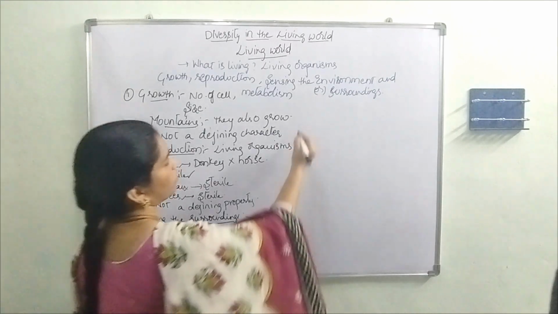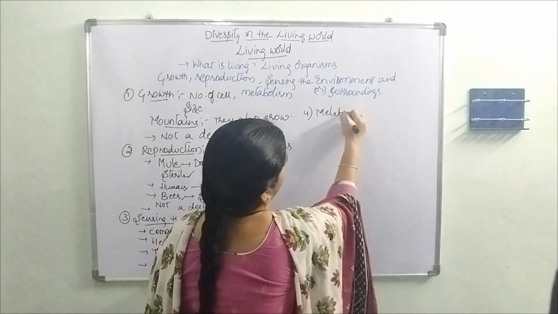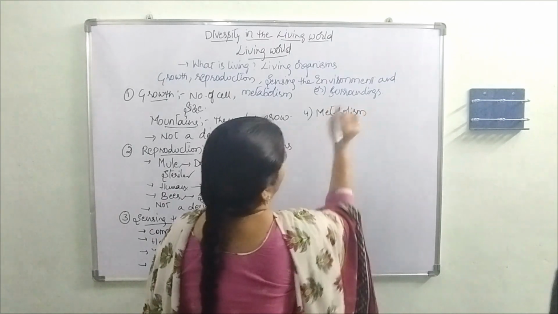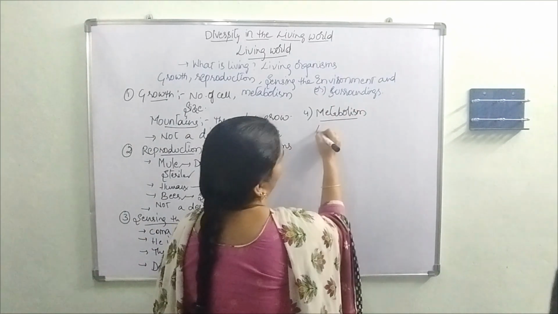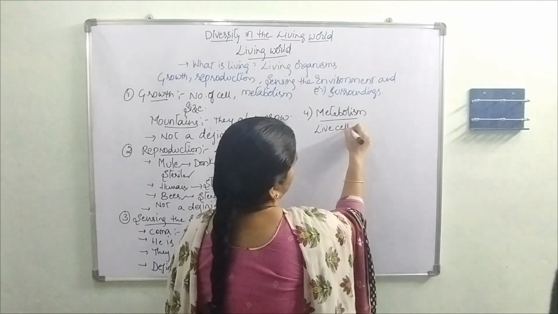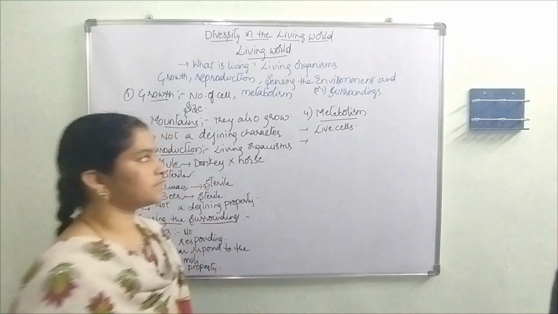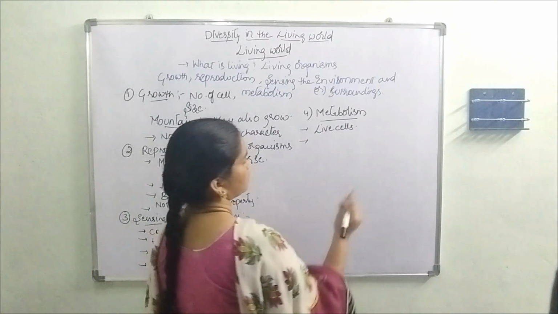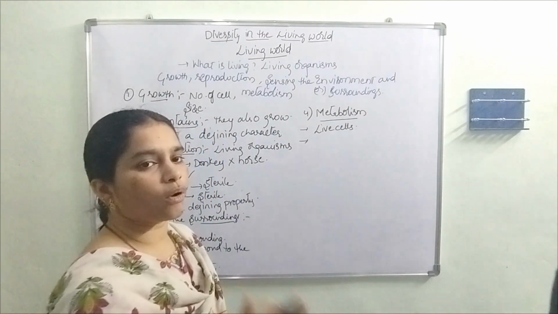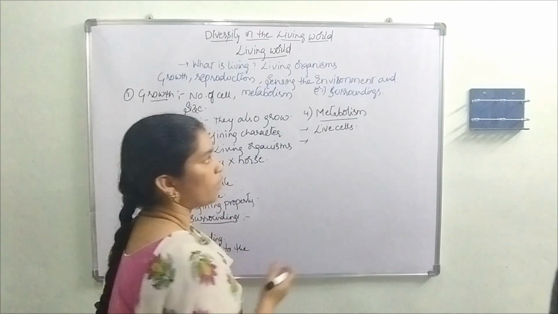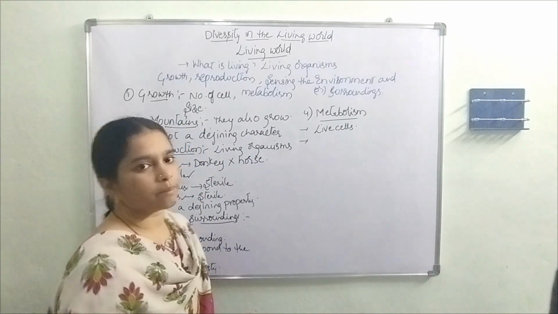Next, number 4, that is metabolism. Metabolism is seen only in living organisms or live cells. So here metabolism only occurs in live cells. Only a living body can perform the process called metabolism. What is metabolism?